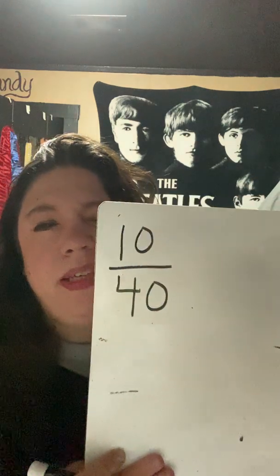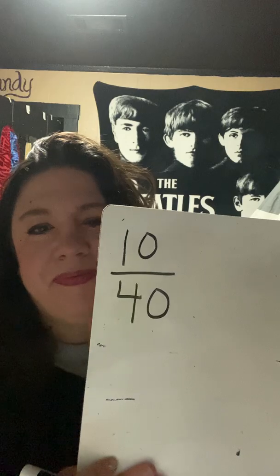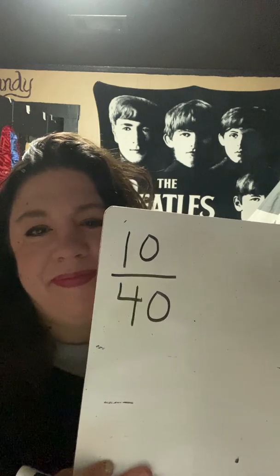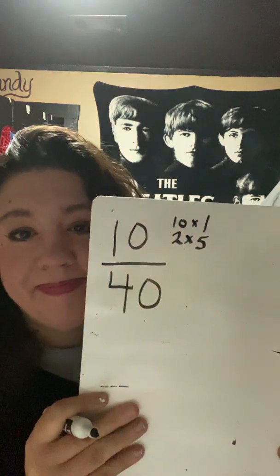What's the biggest number that will go into both of those evenly? Well, 10 is 10 times 1. 10 is 2 times 5. And that's it. 10 times 1 and 2 times 5.